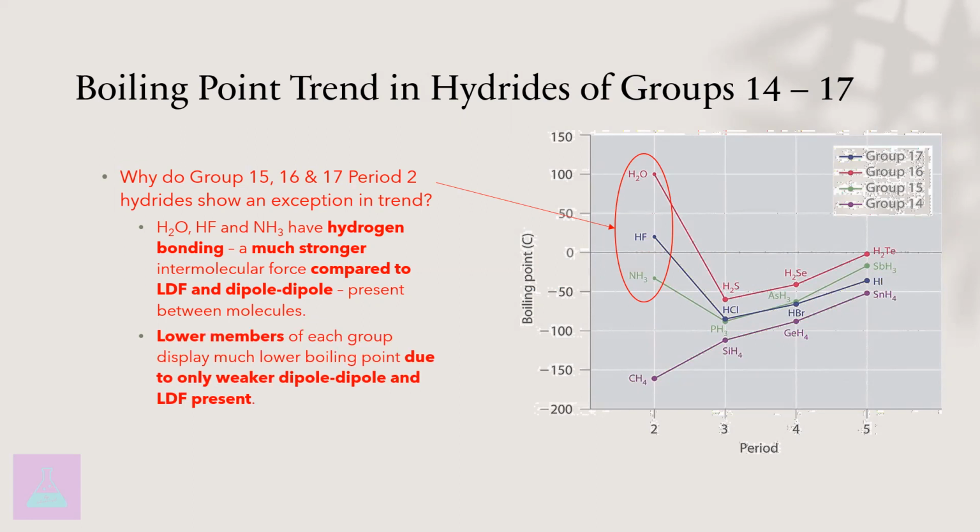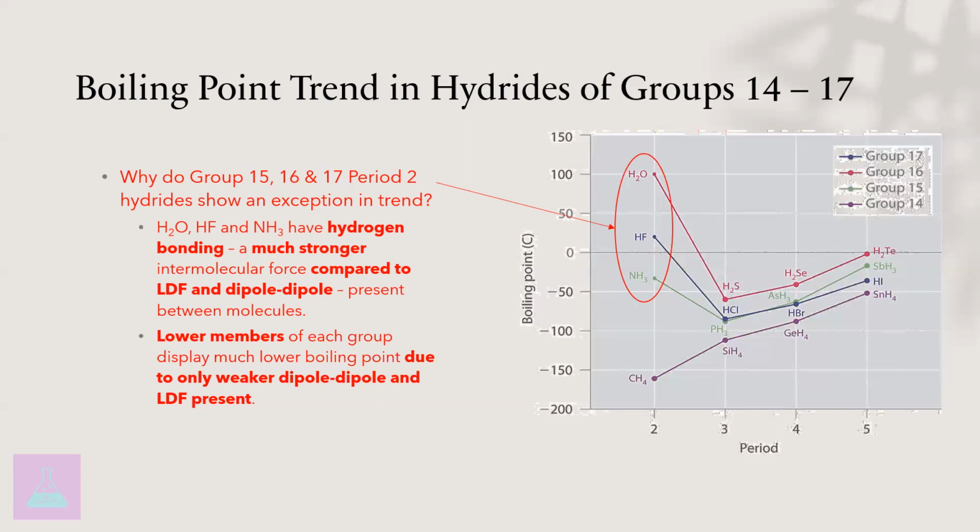But the lower members display much lower melting points and boiling points, and that is due to the fact that they only have forces that are a lot weaker holding these molecules together, right?